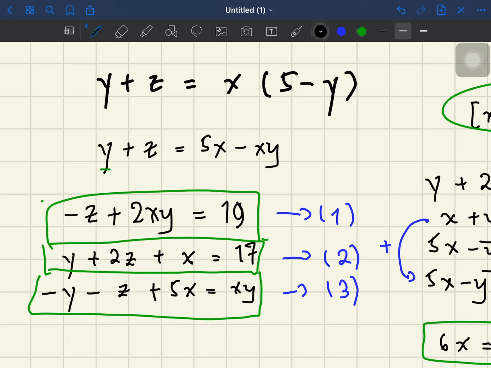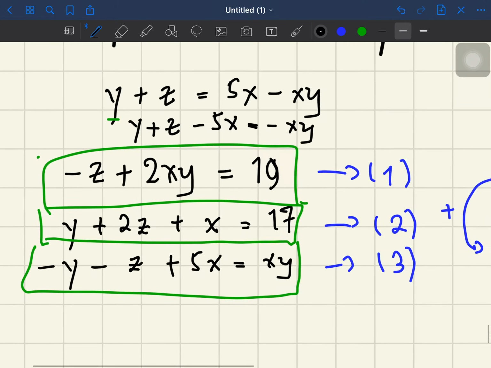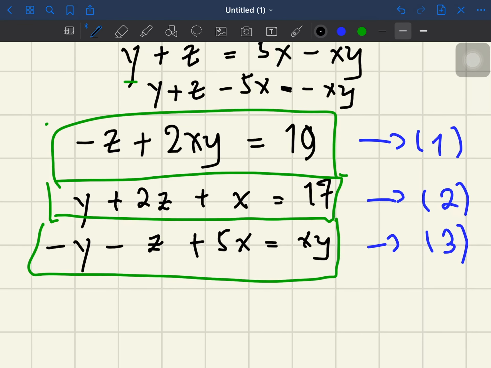Eventually I will get y plus z minus 5x equals negative xy. Then you try to make it more beautiful, to ensure that xy is positive. So I just multiply each term by negative 1, and you will get negative y, negative z, plus 5x.